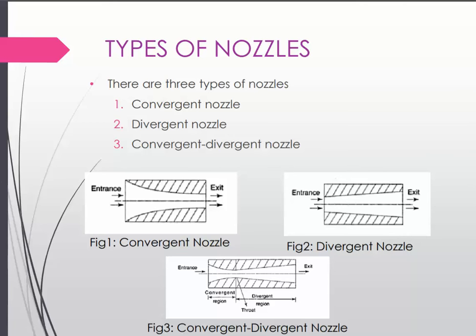In the divergent nozzle, the entrance is smaller while the exit is larger, by which it will decrease the flow of fluid or air. The convergent-divergent nozzle is a combination of the two, which enhances the flow or speed and simultaneously provides control over the divergent part at the exit.